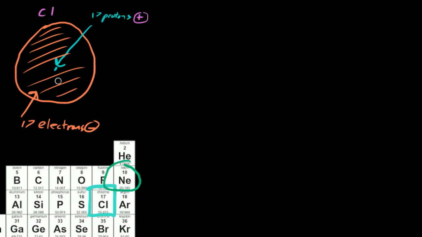So you can think there must be some type of tendency for these 17 electrons to stay around this nucleus that has 17 protons. And the answer is, well, yeah, there is a little bit of a tendency for that, but the far greater tendency is that chlorine really wants one more electron.